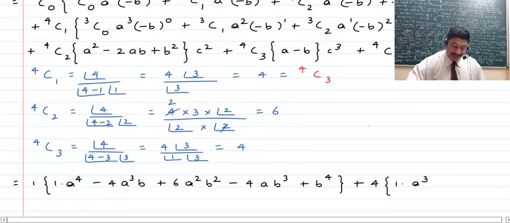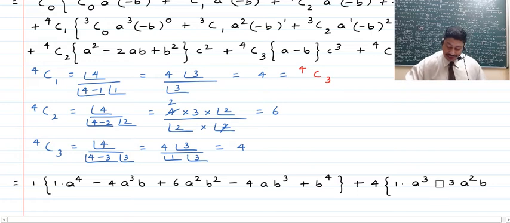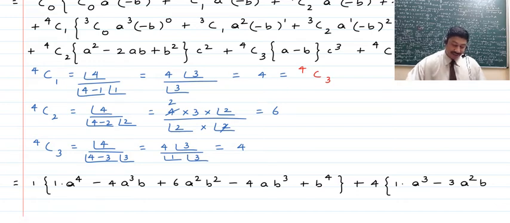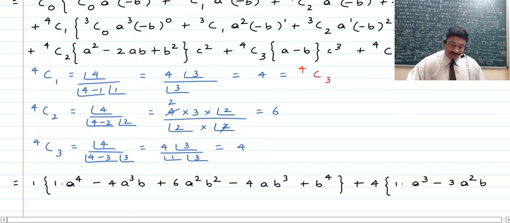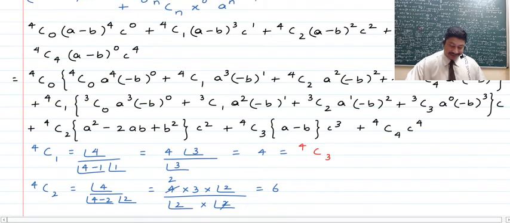Next, we talk about the next term, which is 3c1, that is 3, which is going to be multiplied with a square, and since it is getting multiplied with minus b, we will have b here, and we will then change this plus sign to minus sign, right? Now after this we talk about the next term, which is 3c2. So 3c2 is going to be the same as 3c1, because the first term's binomial coefficient is going to be equal to the last term's binomial coefficient.